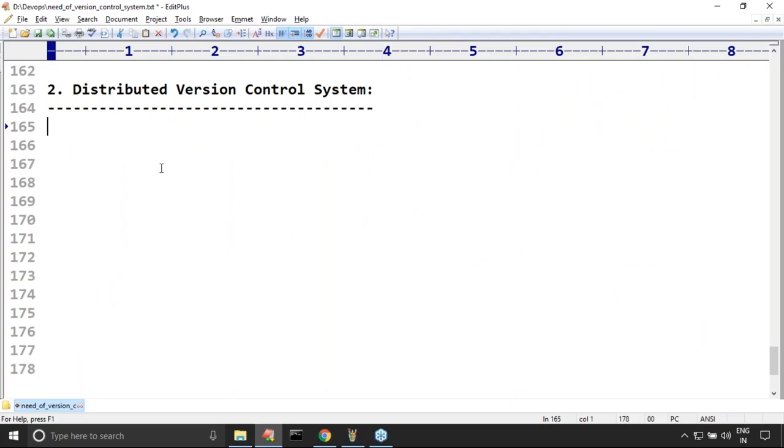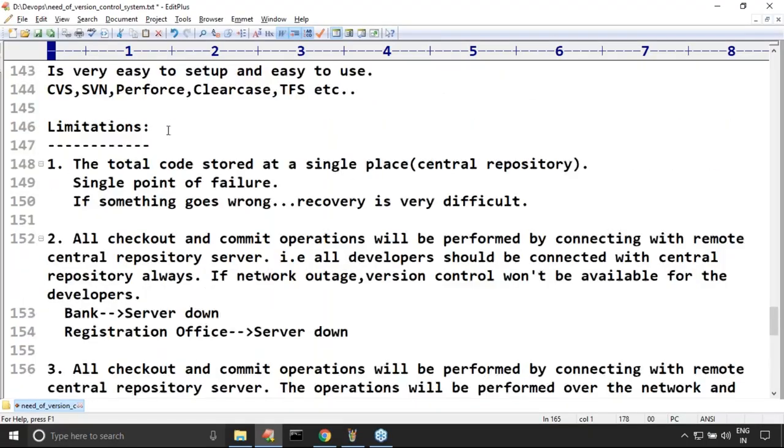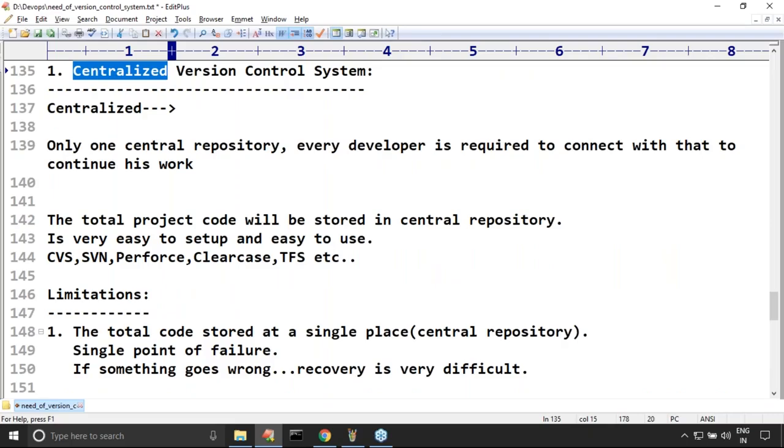How does this model answer all the problems we have in the centralized model? Which problems are there in the centralized version control system, I will discuss. Now observe very carefully. Here, the first one is centralized.